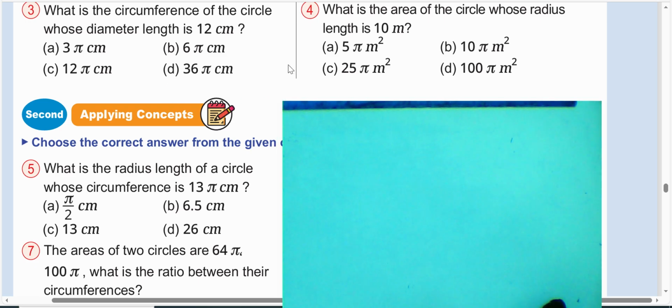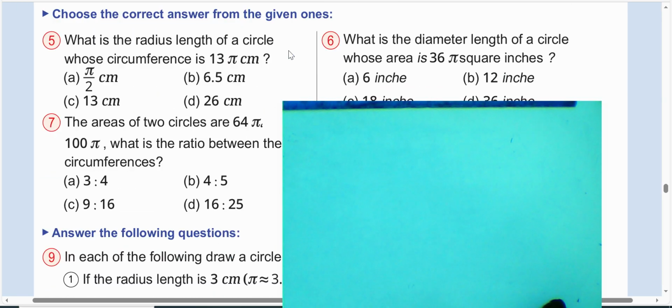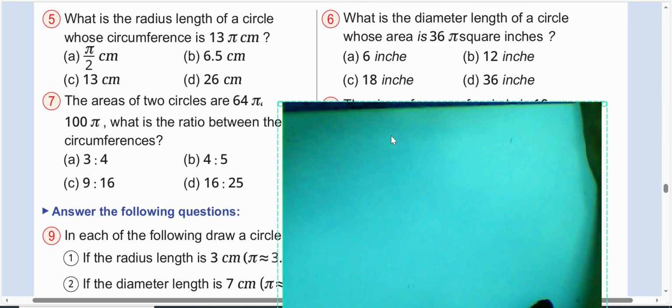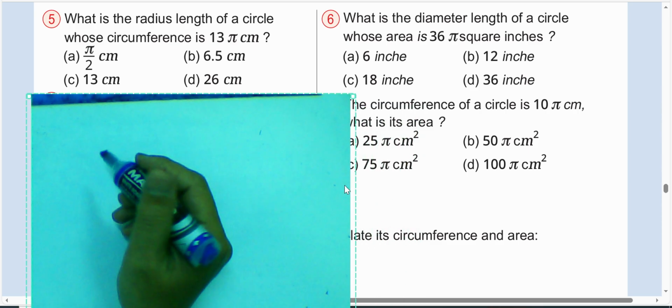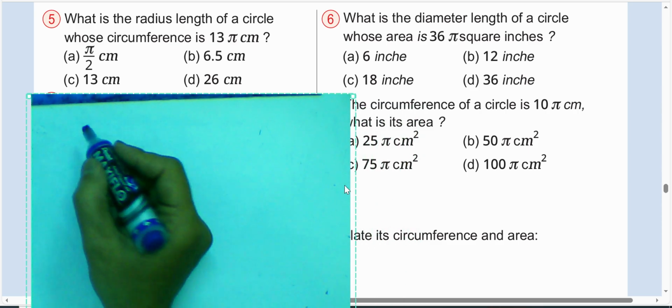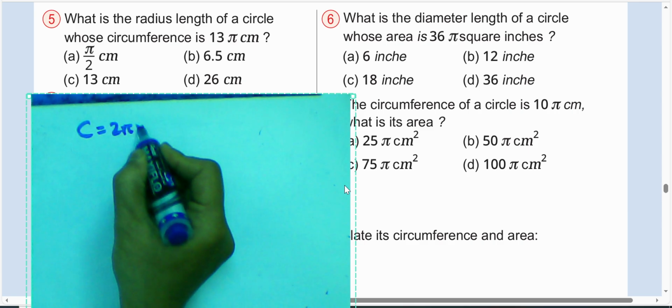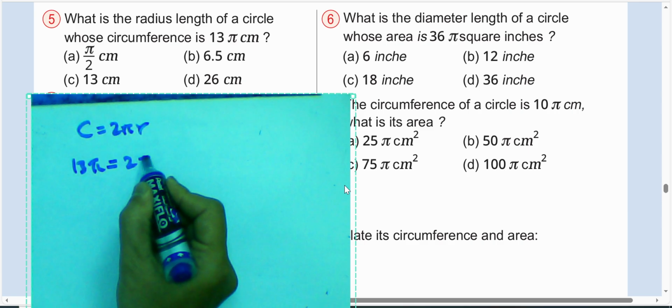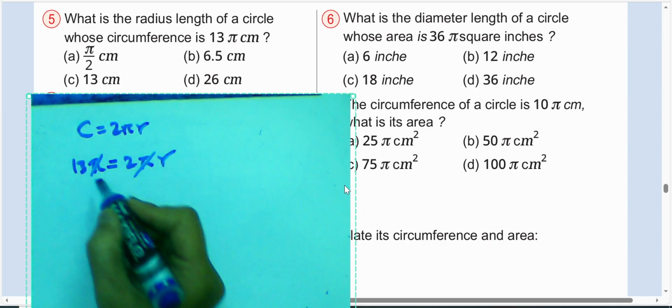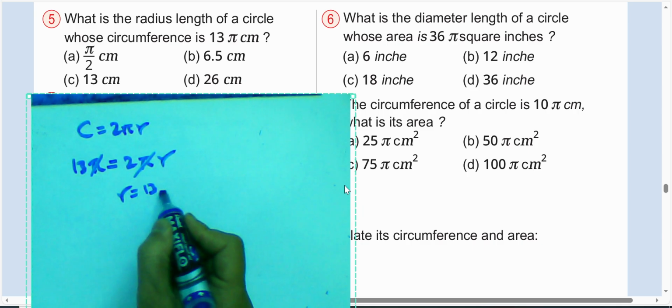Next question. Choose the correct answer. What is the radius length of a circle whose circumference is 13 pi? We want to find the radius. We know circumference equals 2 pi times r. Circumference 13 pi equals 2 pi times r. You can cancel pi. Then the radius will be 13 divided by 2.